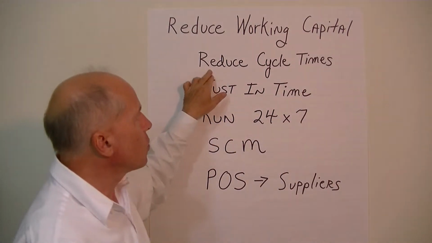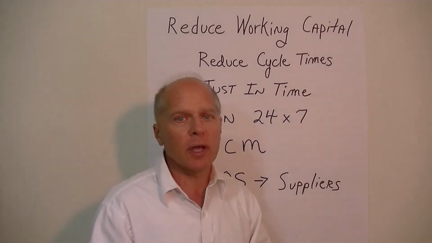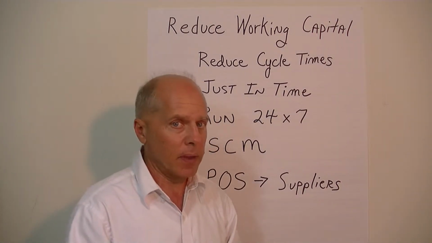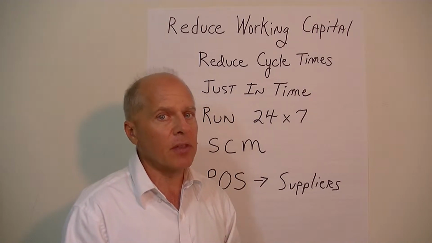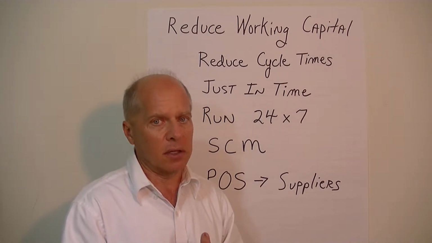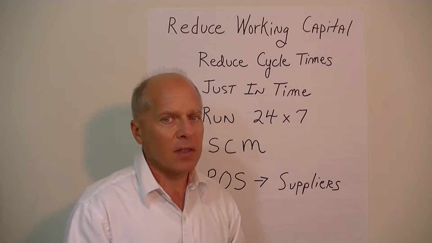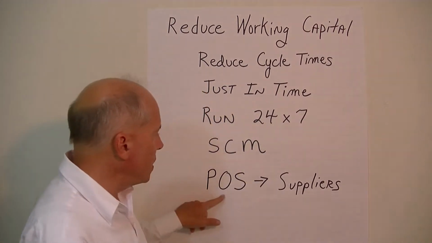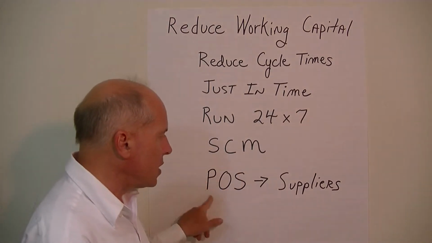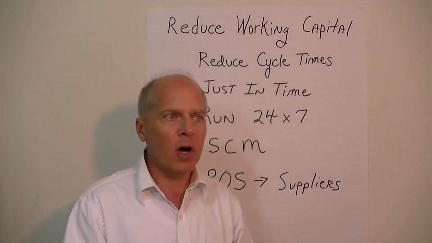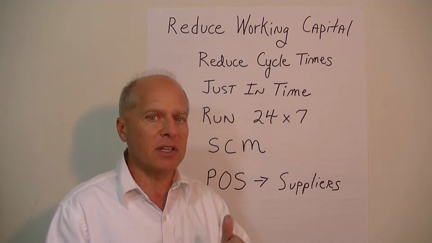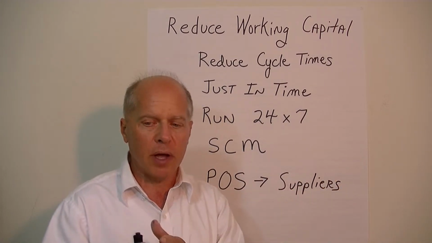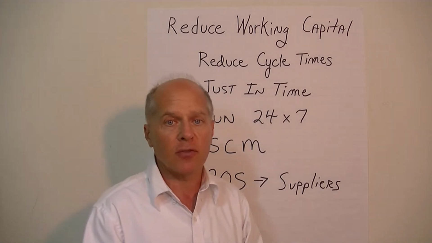But overall, to reduce working capital, one of the things you really have to think about is reducing the cycle times to turn things around. So if you can deliver something then and there, immediately, without any cycle time, that's what you want to shoot for, if possible. Point of sale, POS, a point of sale transaction. So we don't want to have lots of cycle times in these handoffs with the players involved between suppliers, vendors, customers, manufacturers.